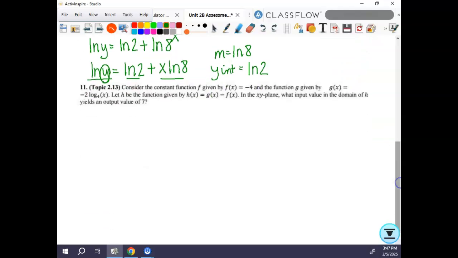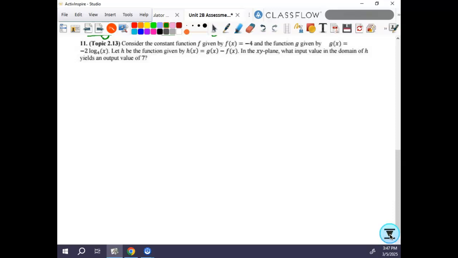Now we're going to consider the constant function, f of x equals -4. It's a constant function because that means y equals -4, and it would look like this, right? And function g is given by this right here, and h is g of x minus f of x. What input value, which would be x, in the domain of h yields an output value, h of x, of 7?